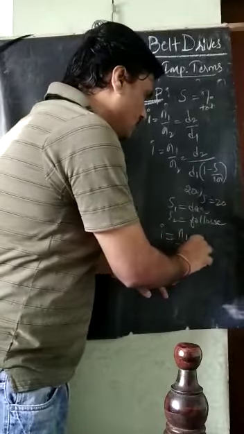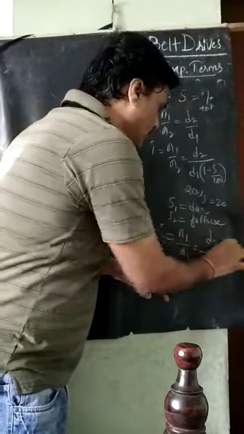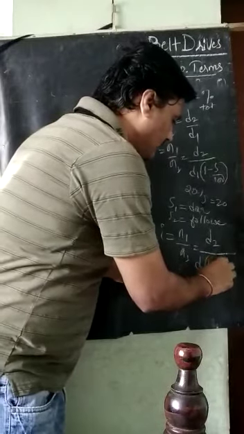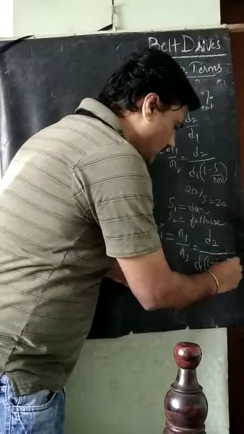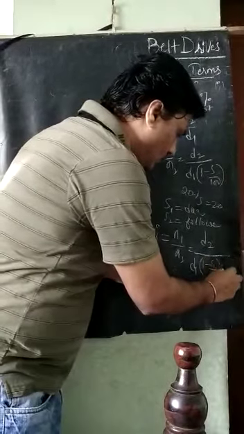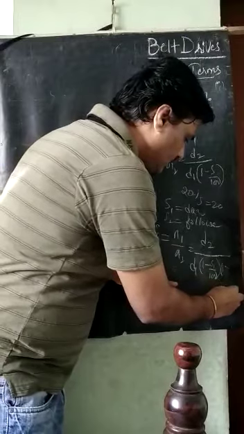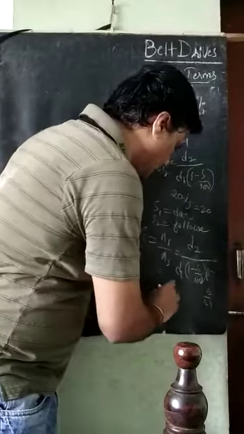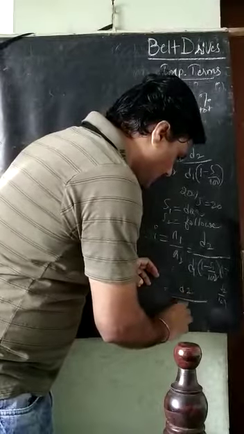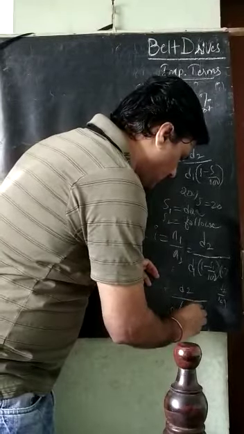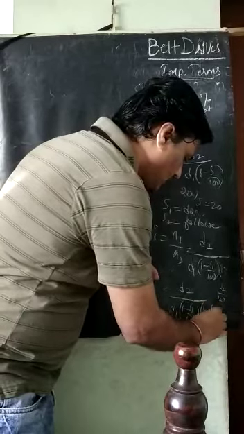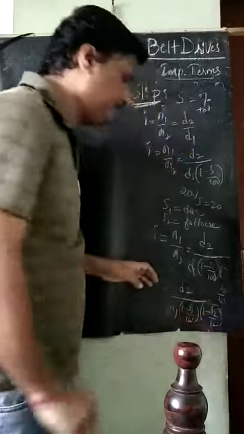N1 divided by N2 is equal to D2 divided by D1, times the bracket 1 minus S1 divided by 100, times the bracket 1 minus S2 divided by 100. Once again, D2 divided by D1, times 1 minus S1 over 100, times 1 minus S2 over 100.